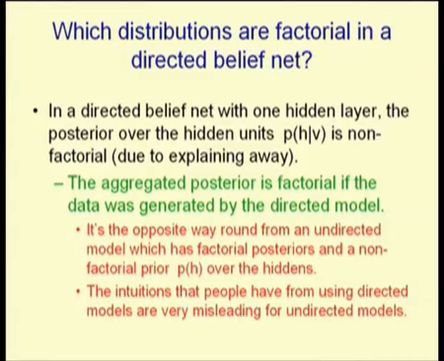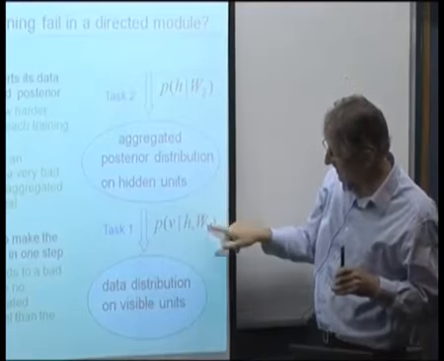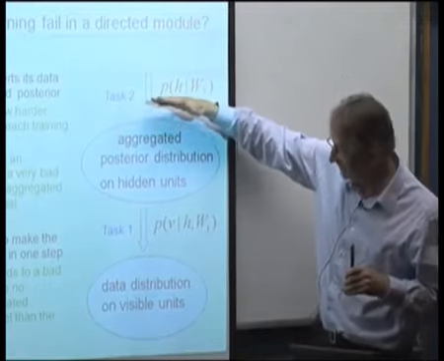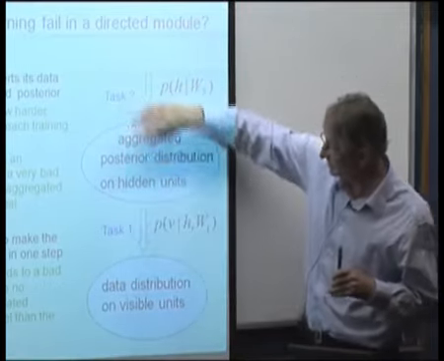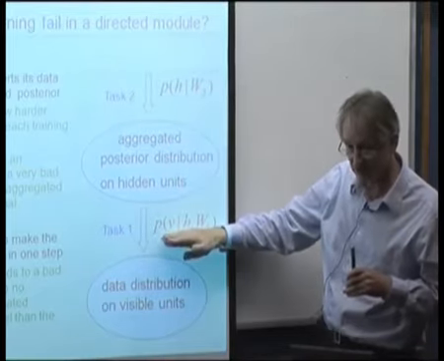If you try and do deep learning of a directed net by learning little bits of directed net, so if I start off by learning this in the absence of this, because I haven't learned those yet, notice in the undirected net we had a term here and the same W's we used for this prior. If you learn with directed nets, you would typically have an independent prior here, a factorial prior, and try and learn these weights here.